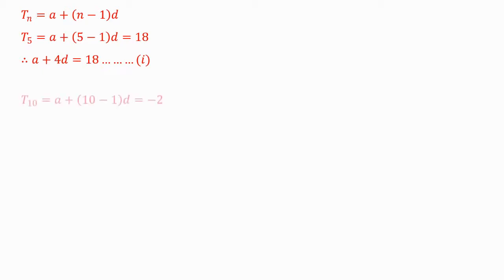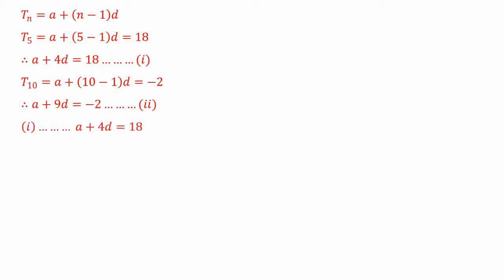Then for the 10th term, we have a plus 10 minus 1 d is equal to -2. Therefore, a plus 9d is equal to -2, and that is our second equation.